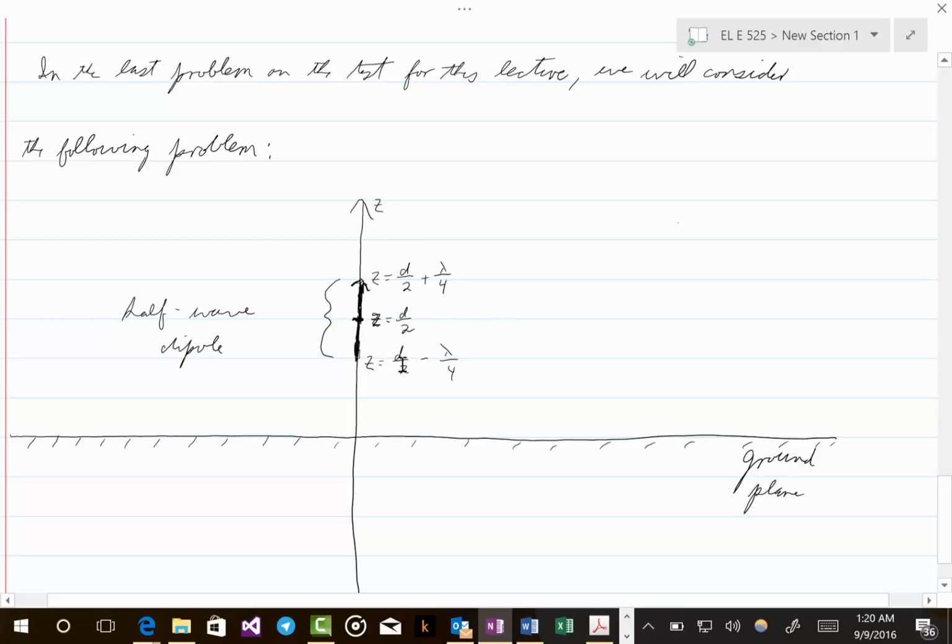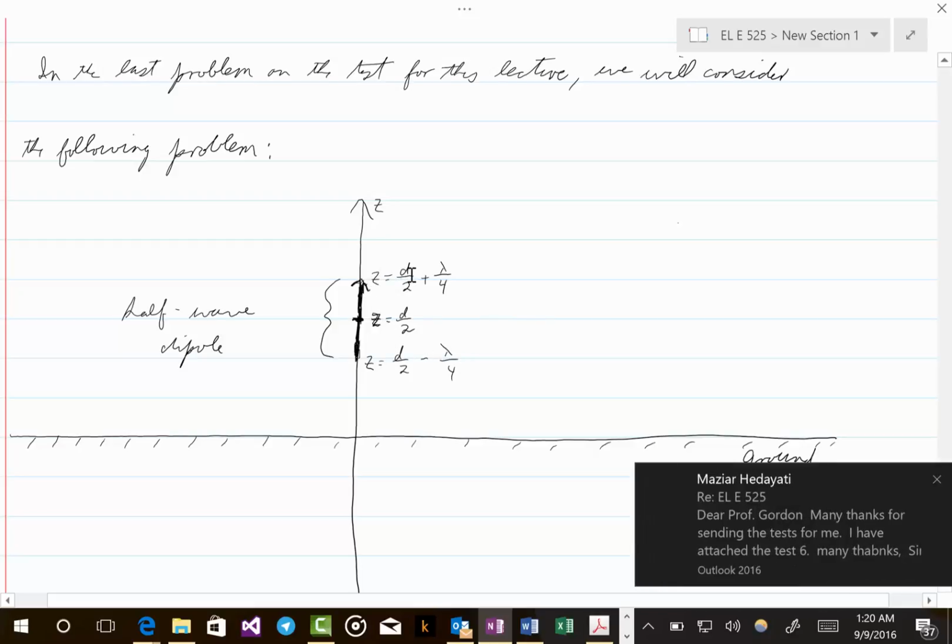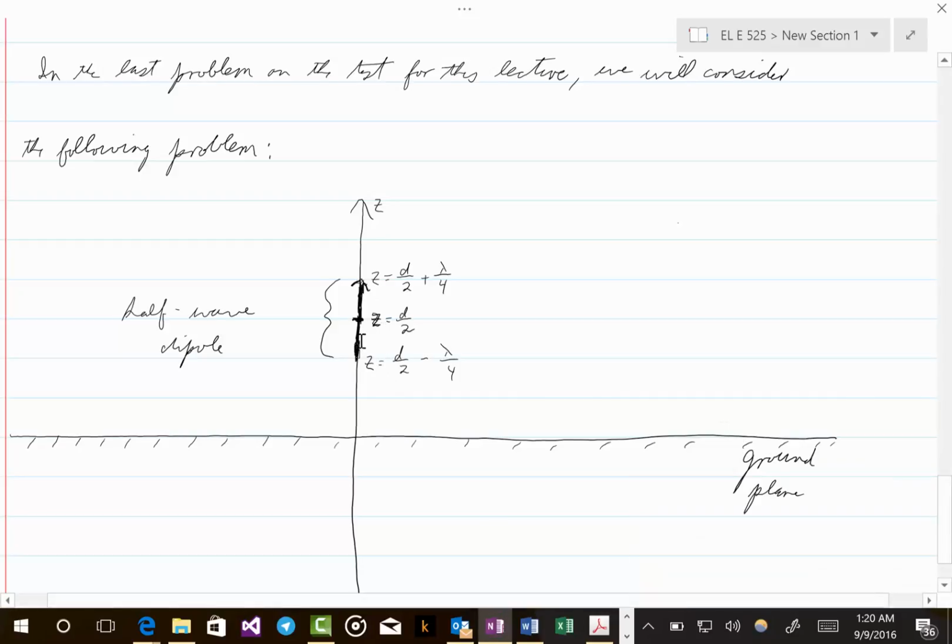So it stretches from z equals d over 2 minus lambda over 4 to z equals d over 2 plus lambda over 4. And you can see then that this gives you a total length of lambda over 2, which is consistent with this being a half-wave dipole.